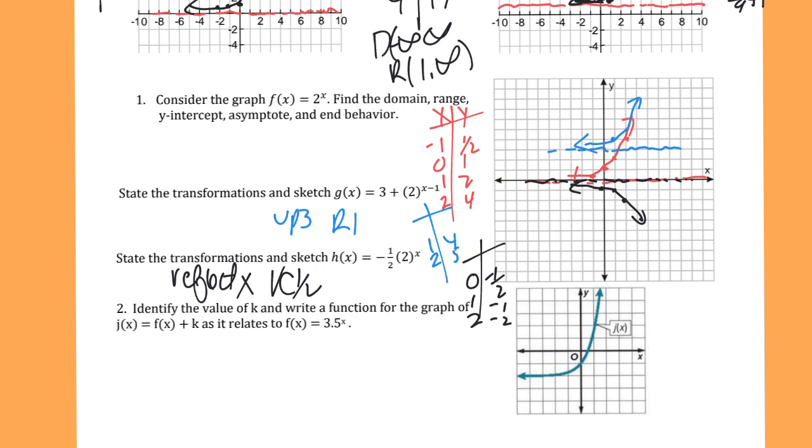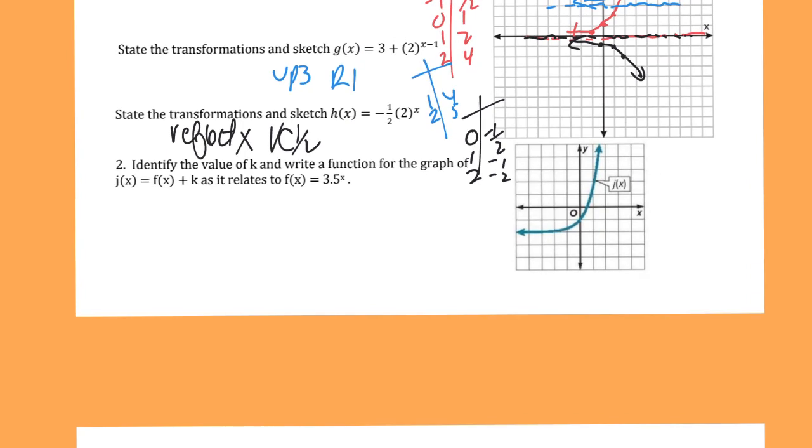Yeah, so it's interesting to be working on transformations yet again. Okay, so if this is the child of 3.5 to the x, notice it's growing because 3.5 is bigger than 1. And so what is the k value? How much up or down is it? So if you think about it, where's the asymptote here?